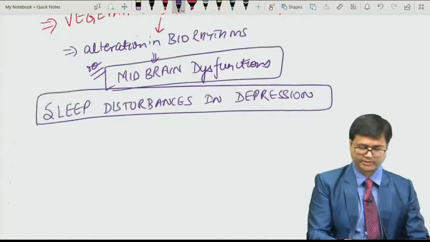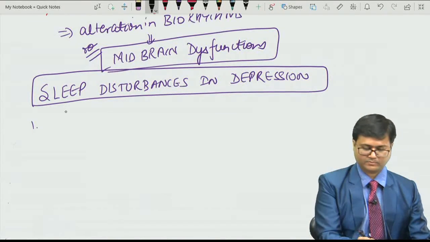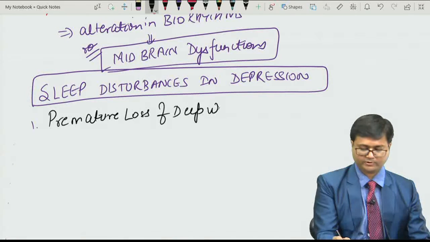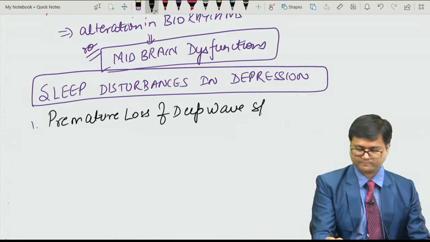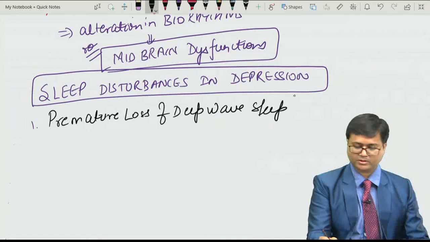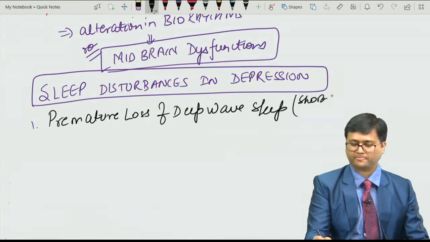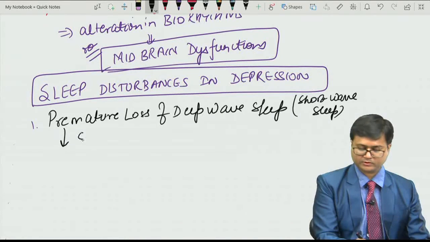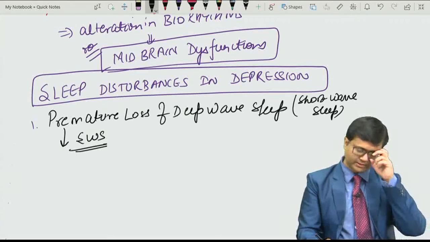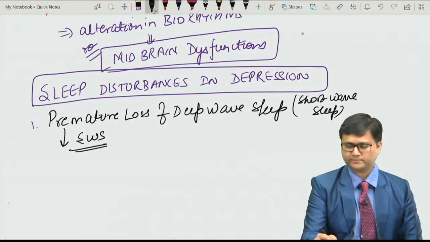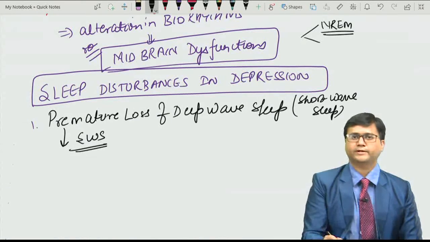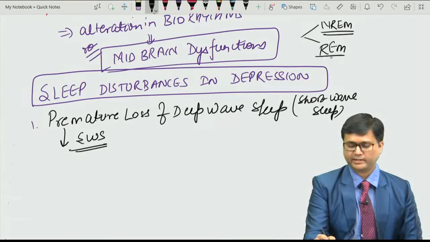Now, the first important is there is a premature loss of the deep wave sleep or the short wave sleep. So, there is a decrease in the short wave sleep. Now, as we know that sleep is divided into two stages: non-rapid eye movement NREM and rapid eye movement REM.